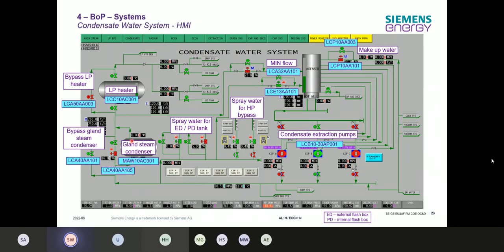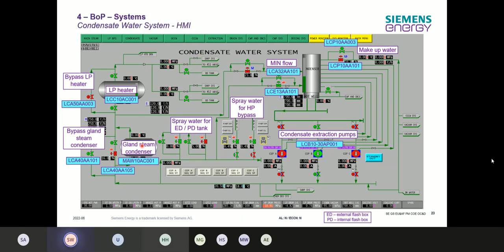So the gland steam condenser is where the gland steam, the leak steam from the steam turbine, will be collected. It will be condensed here. So the heat which will be set free is used to warm up the condensate.